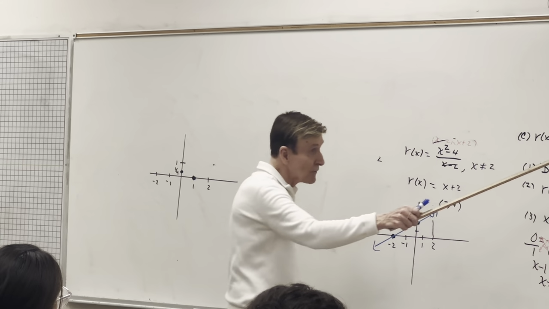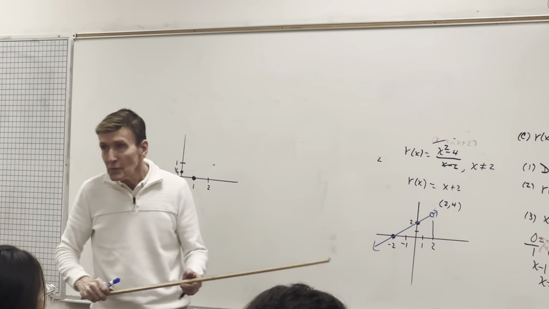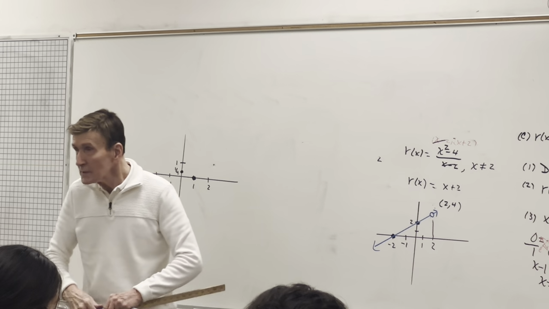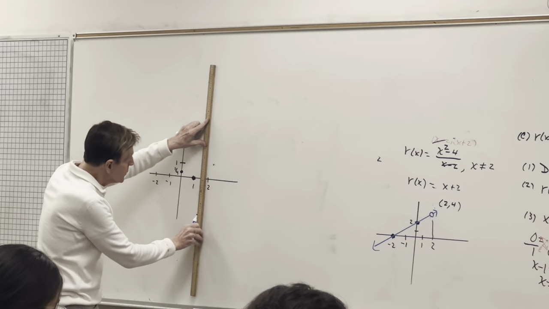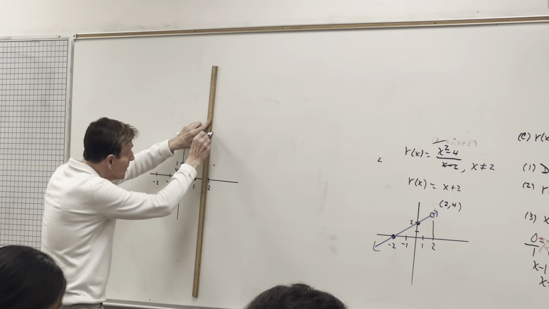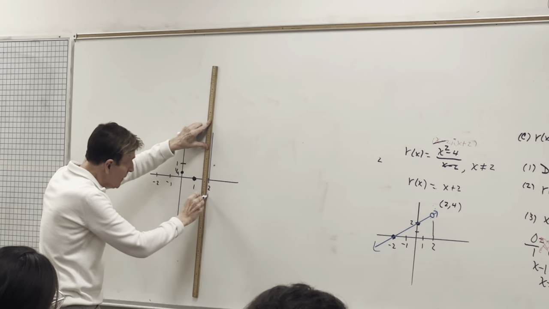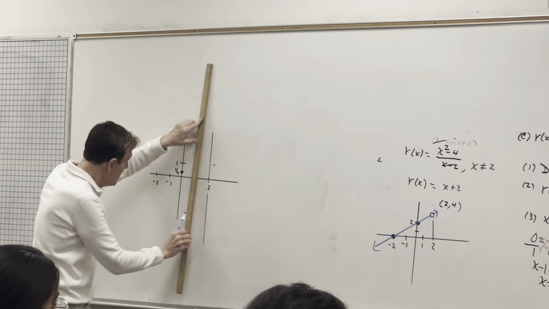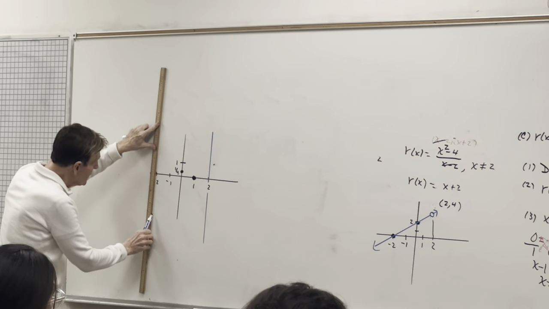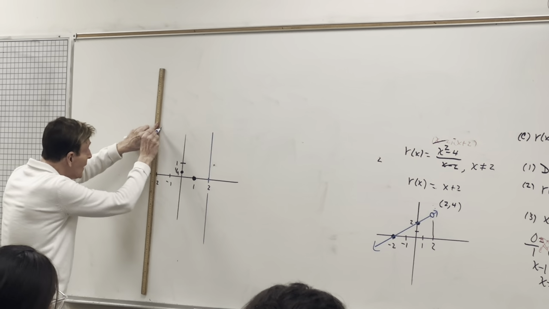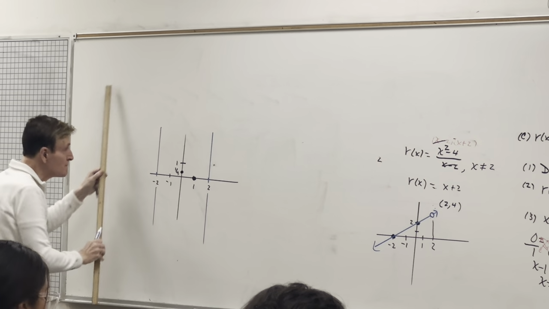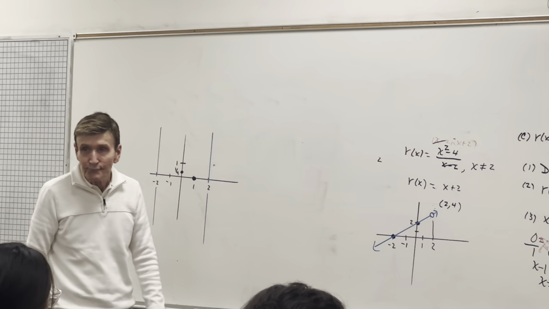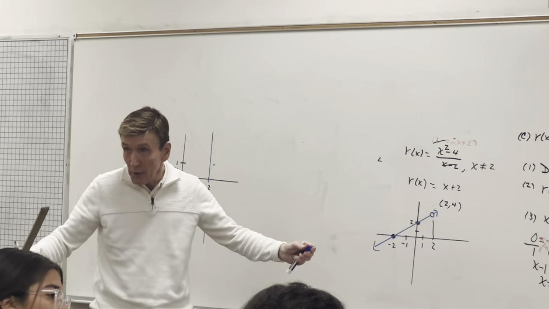The key is vertical. Draw a vertical line. Call it vertical asymptote. Try to do it in blue here. Got one there. And one here. There's my vertical. Now give me partial credit, lots of partial credit.